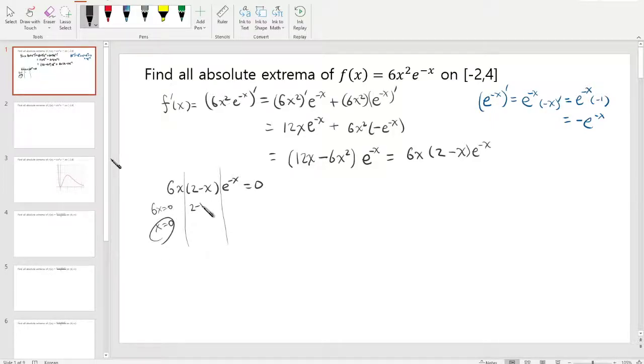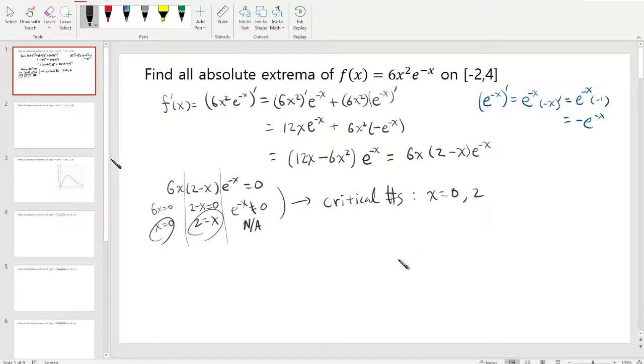Or when 2 minus x is 0, in which case, by adding x to both sides, x is 2. And e to the negative x, well, exponential functions are never 0, so you don't get any solution there. So what I get is that the critical numbers are x equals 0 and 2.